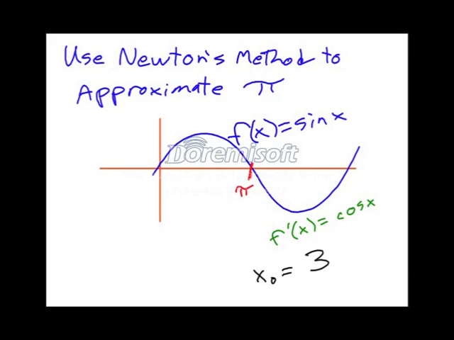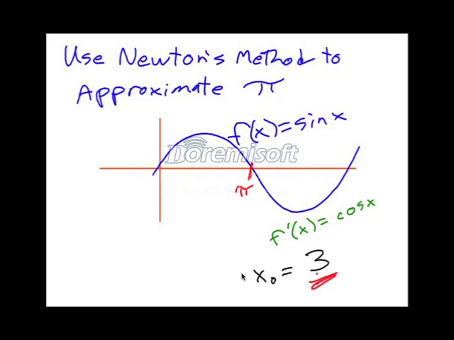Okay, let's look at one other function. Everybody knows pi, and here we're going to use Newton's method to approximate pi using the sine function. So we know that the sine function intersects zero at 0, at pi, at 2 pi, etc. But suppose we didn't know the decimal approximation for pi. Well, we can use Newton's method to estimate this, and we'll say we think pi is close to 3, so we'll use that as our initial guess.